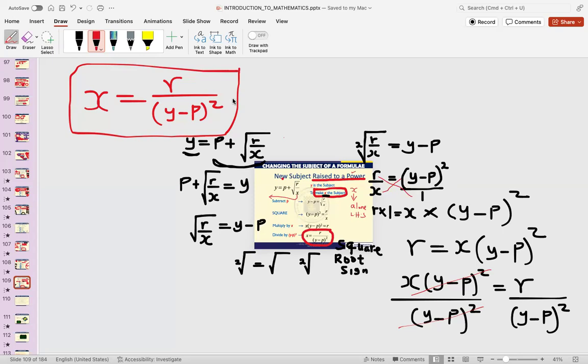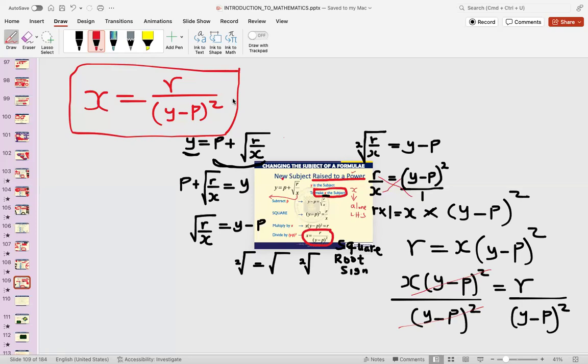Now, in some mathematical cases, it is said that the root can also represent half. So in that scenario, can we multiply the expression root r over x times 1 over 2 to clear the roots?